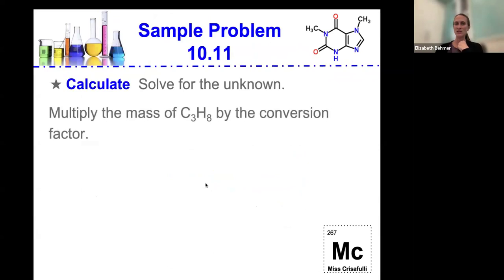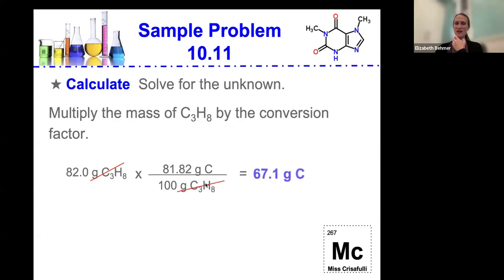So using that conversion factor, we'll multiply the mass of propane that they give us by the conversion factor, and we'll cross out grams of propane to get a final 67.1 grams of carbon. So that is how many grams of carbon are in this sample of propane. And that makes sense. About 81.8 percent of this sample will be carbon.